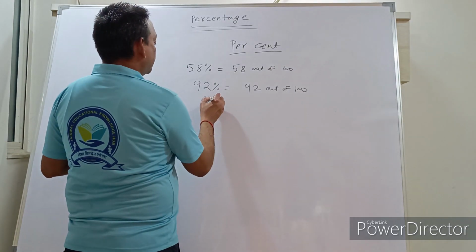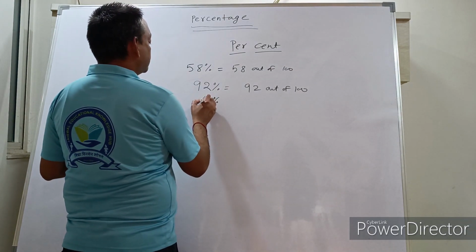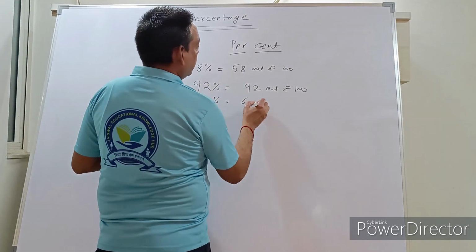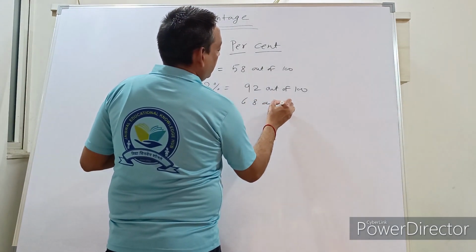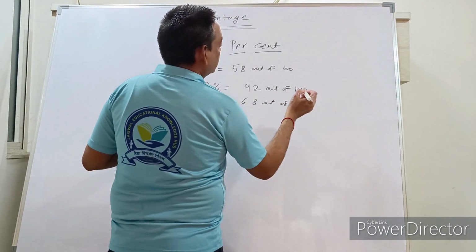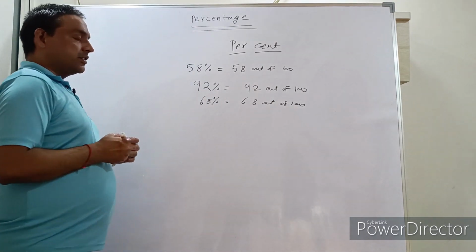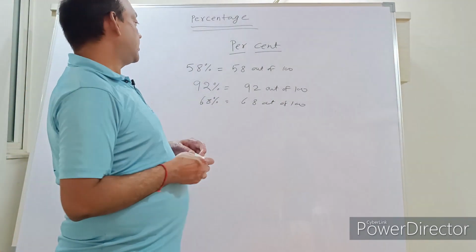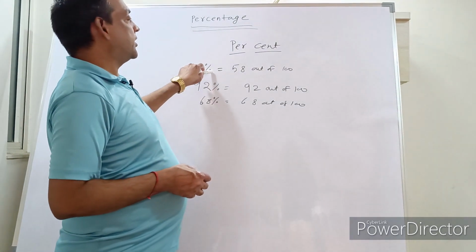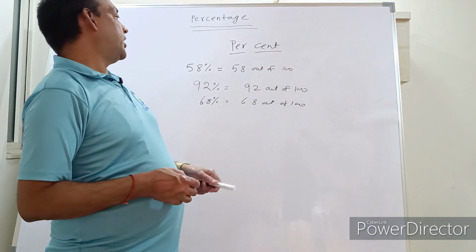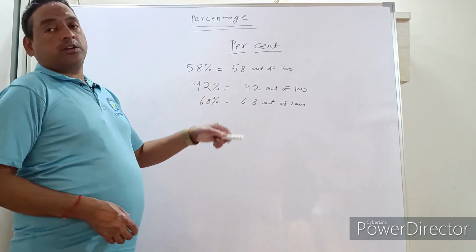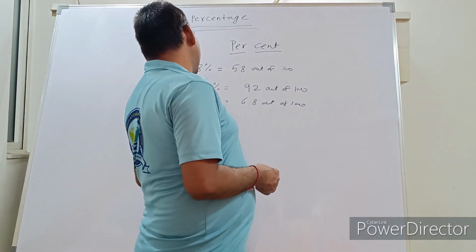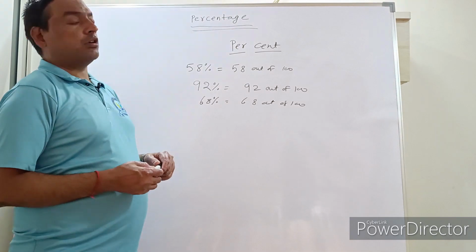68 percentage. So 68% is what? 68 out of 100. Okay, so anything out of 100, whatever you get, that is called the percent. 58% is 58 out of 100. 92%, 92 out of 100. 68% is 68 out of 100.